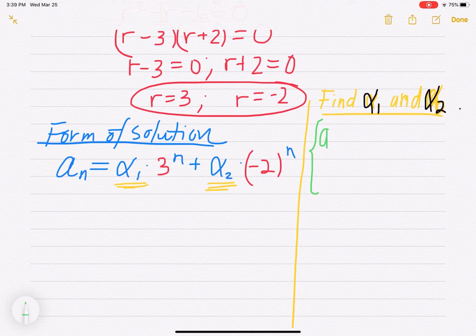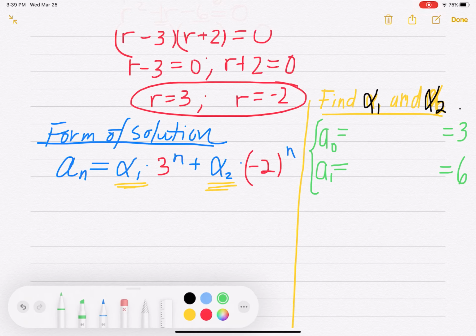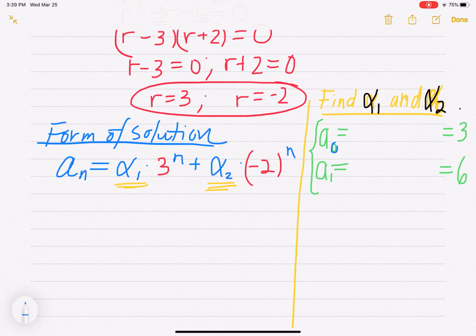So here is A0, I'm going to put it on this right-hand side. A0, remember, was 3, and A1 is equal to 6. All right, those were our initial conditions. Now, I'm going to plug 0 in for n in the form of my solution.